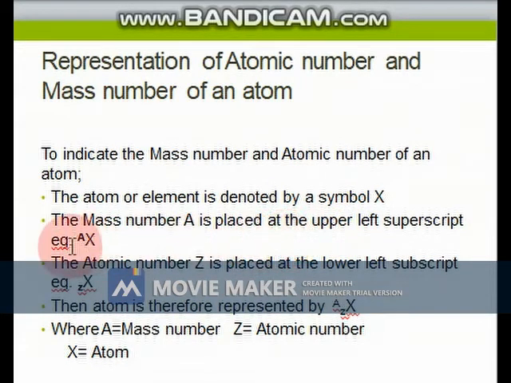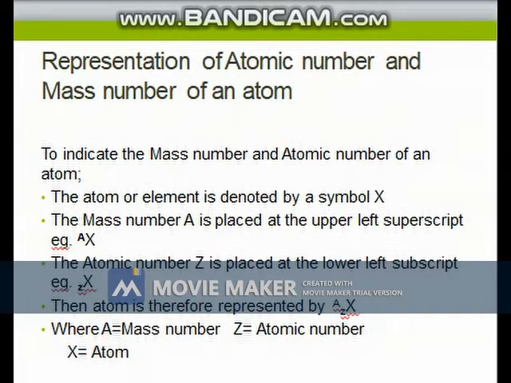So this is the superscript upper left of the symbol X, which is representing a particular element. Now the atomic number Z is also placed at the lower left subscript. So in all, we can say that the atom is therefore represented by an X, where A is the mass number, the Z is the atomic number, and the X is the atom.